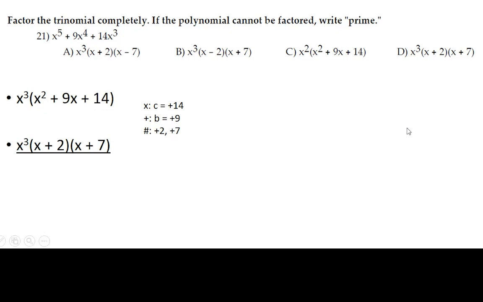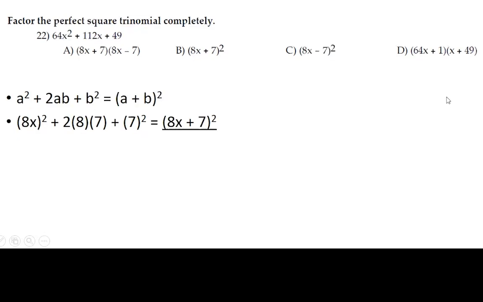Number 22. It says here we have a perfect square trinomial to factor. Since it says it's a perfect square trinomial, we can trust it to be one. And we factor something of the form a squared plus 2ab plus b squared as a plus b squared.